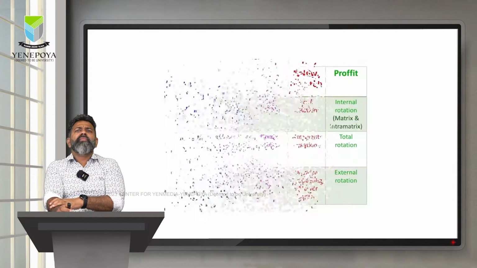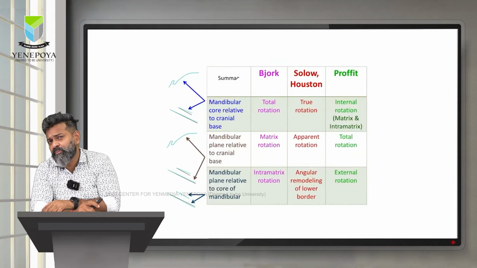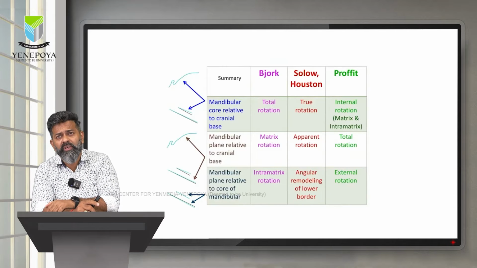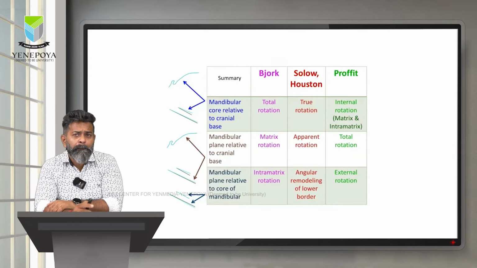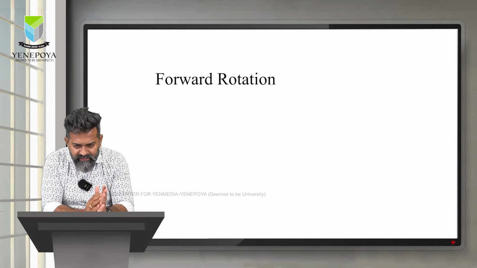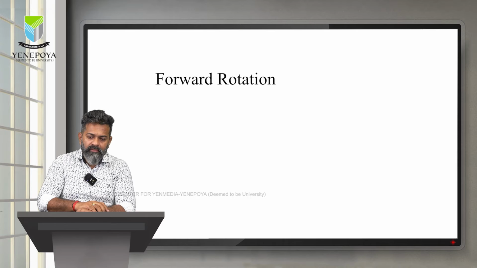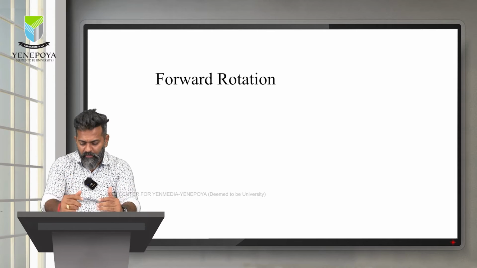Now, when you want to summarize these 3 events by different authors, it would look like this. Bjork classified rotation of the jaw in 1969 into 2 types, forward rotation and backward rotation.